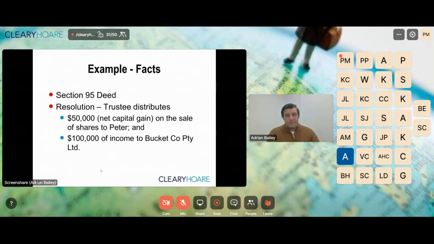They've applied the discount in accordance with section 95 because that's what our trust deed says we have to do, which would leave us with $50,000 of income in accordance with section 95, and they've distributed that $50,000 to Peter, and then the other $100,000 of income to Bucket Co.